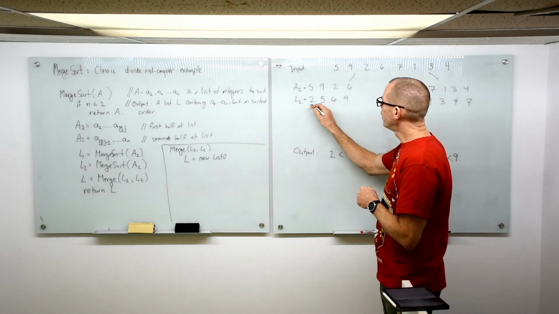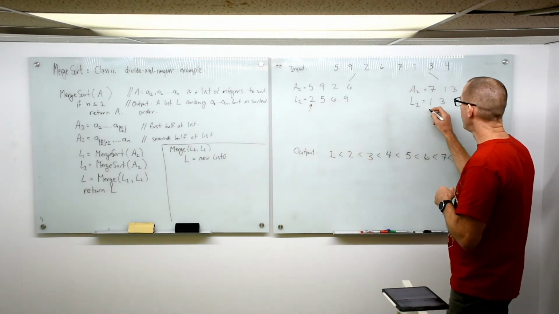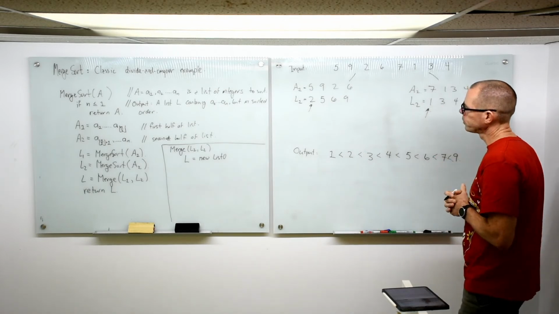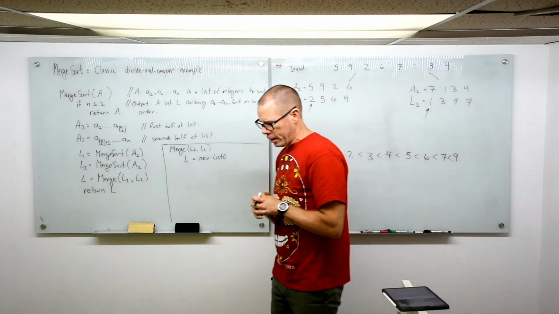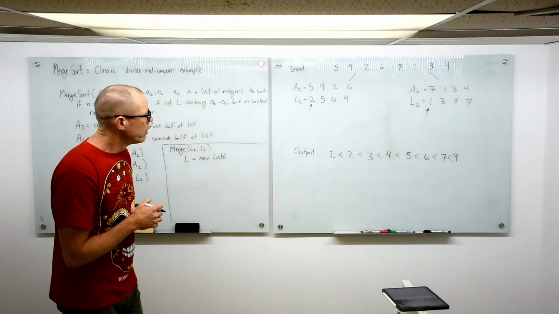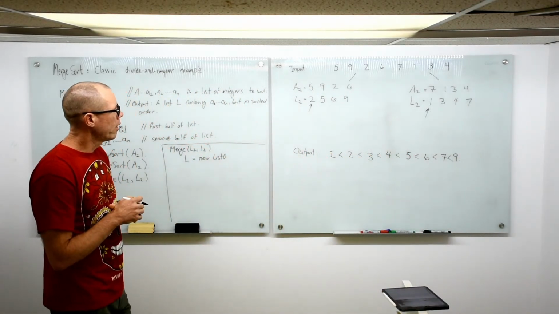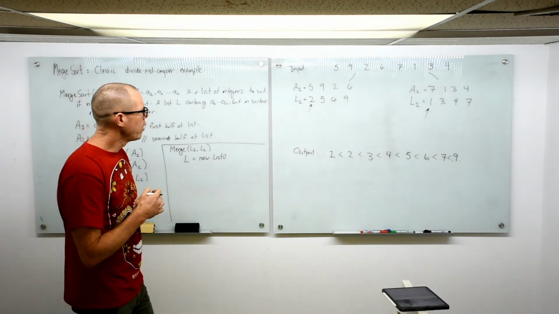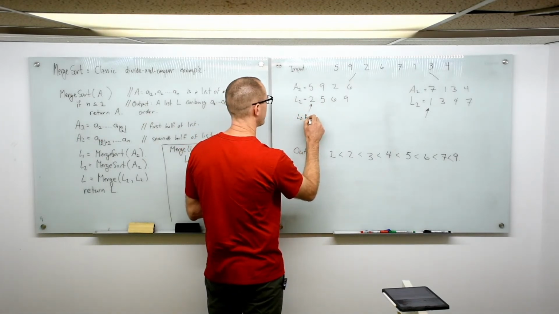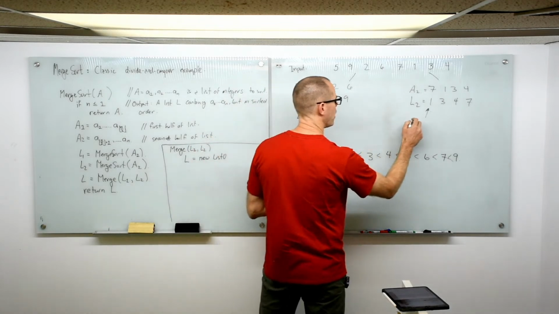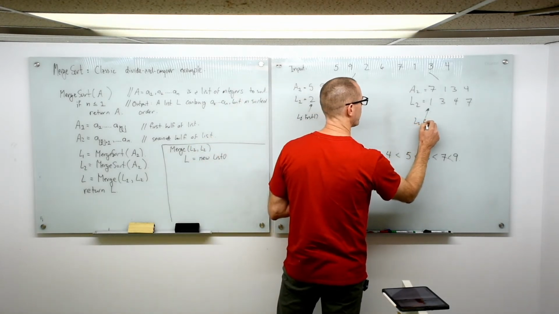So we've got L1 and L2, and let's say, just to make life easy so we don't have to keep track of indexes, maybe this thing here we'll call L1.first, and this is L2.first.